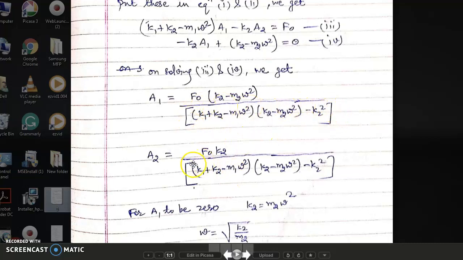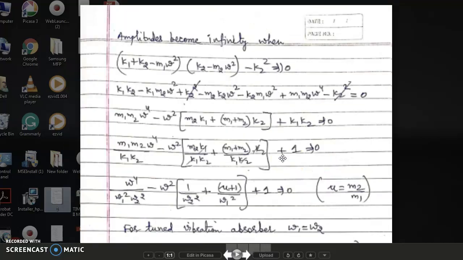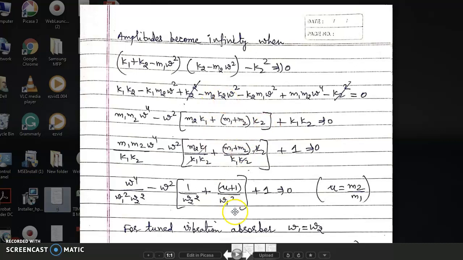So we have to check at which omega my amplitude goes to infinity. This is what I am doing on the last page. K1 plus K2 minus M1 omega square, times K2 minus K2 square, I am setting it to 0 so that I can know at which omega the amplitude is infinity.